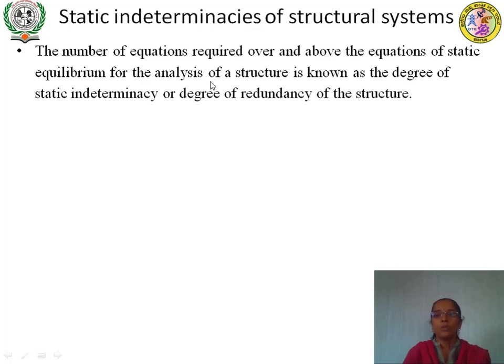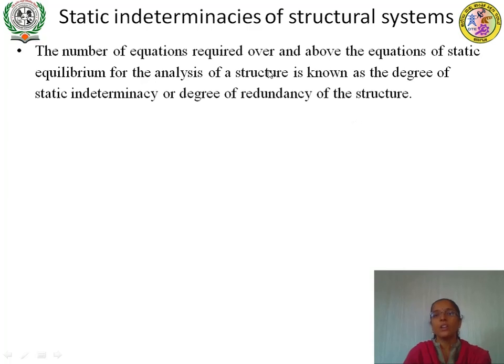If you deduct 3 out of 8, 5 unknowns will be left. To find the 5 unknowns, how many equations do you need? Again, you need 5 equations. They may be called compatibility conditions. That number is called the degree of static indeterminacy, or it is also called the degree of redundancy.